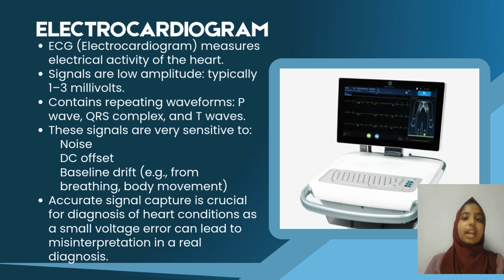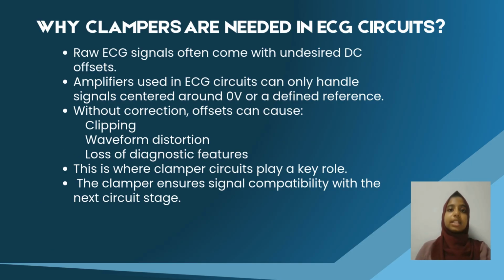Since doctors rely on accurate readings to detect conditions like irregular heartbeats or blocked arteries, we need to make sure the signal is as clean as possible before processing it. Now let's talk about why clampers are needed in ECG circuits. Before the signal can be analyzed or displayed, it must go through a process called signal conditioning.